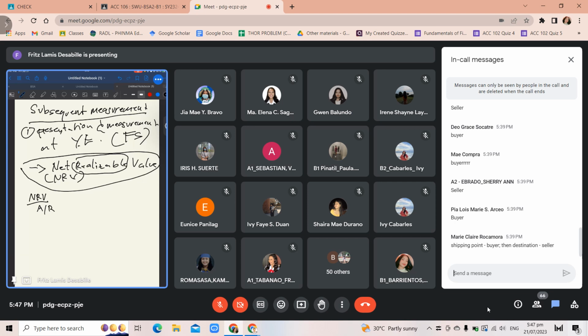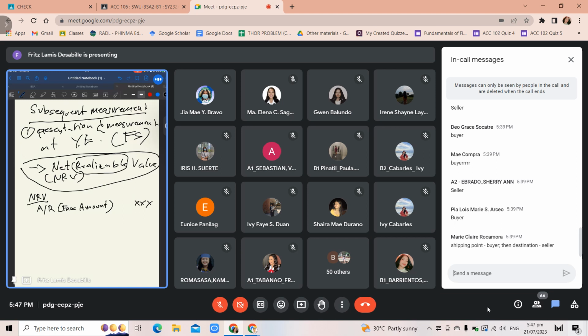So AR, meaning face amount, no? How much did we initially measure it? So NRV, and of course as what I've said, kung unsa ang mga things nga gapagamay sa ato ang receivable.